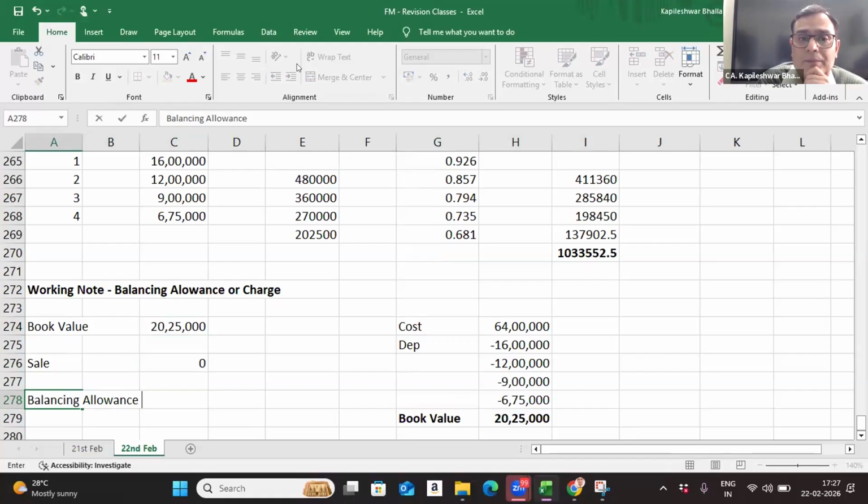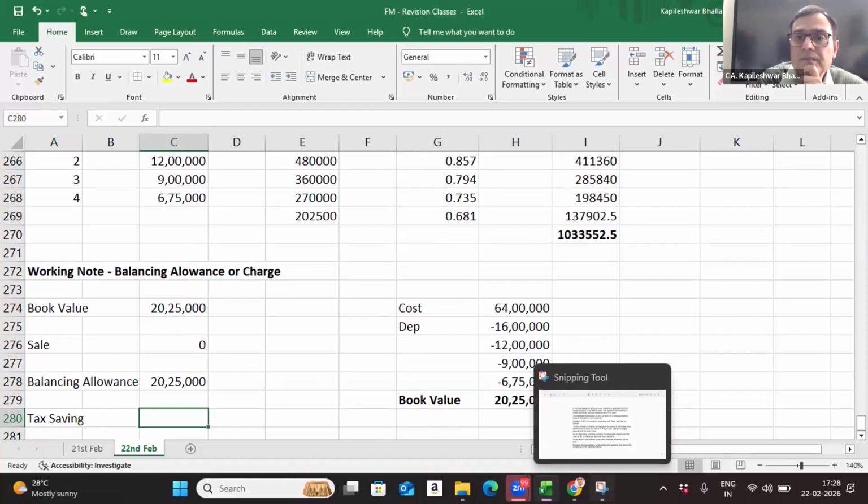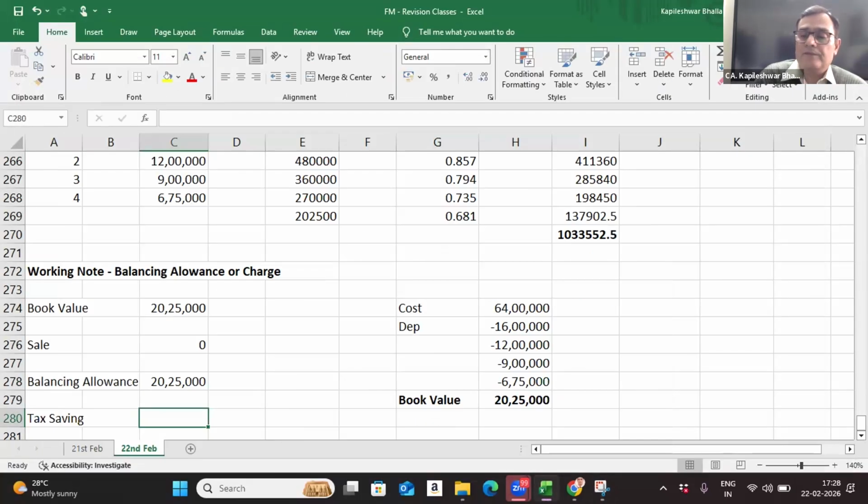It's indirectly a capital loss in this case. So this comes to the same figure, 20,25,000. And on this amount, there is going to be a tax saving. So tax saving was at what rate? 30%, right? Taxes at the rate of 30%.